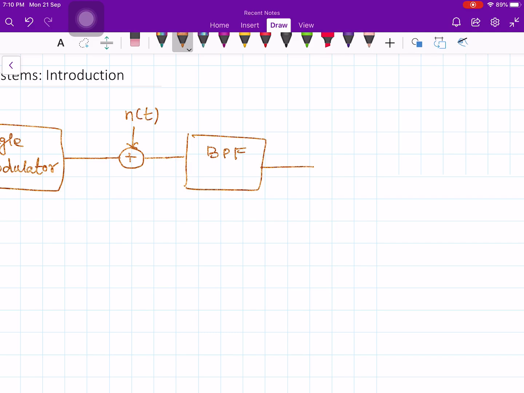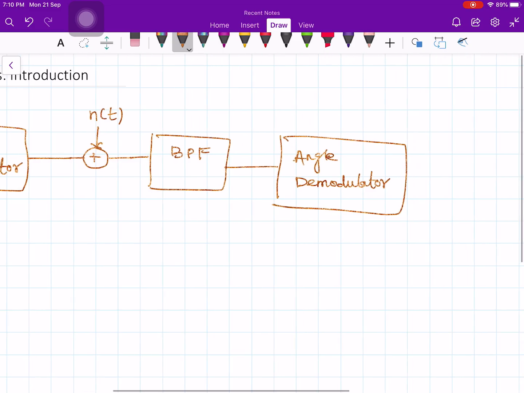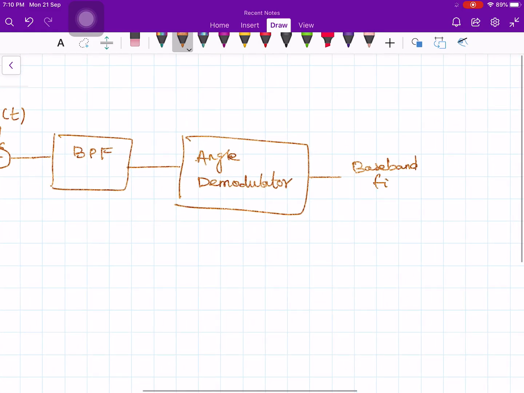So that is the angle demodulator. And finally, you have the baseband filter, whose bandwidth is the same as the message bandwidth. Let's say W or B, not a problem.